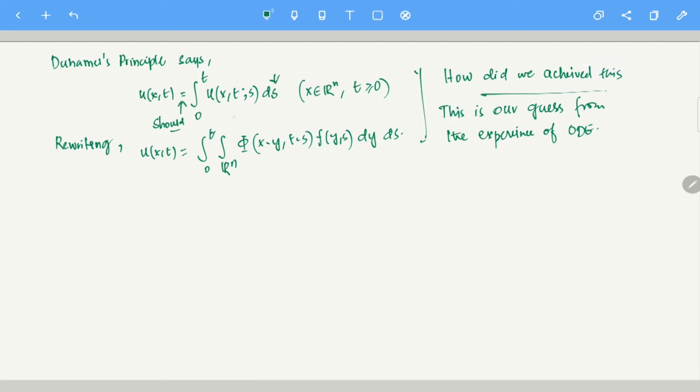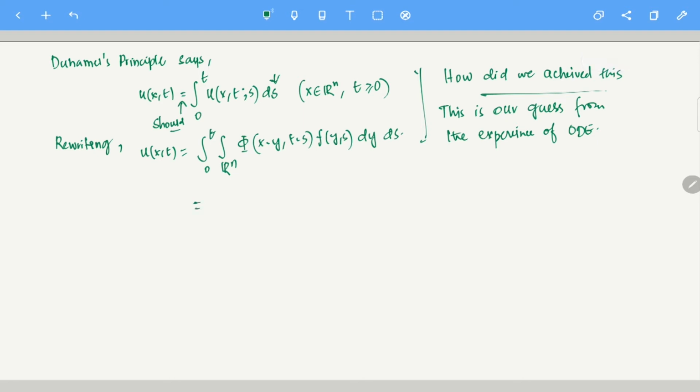What I am trying to say is, from our experience of ODEs, we know that if I want to really find u of x,t, it should look like that. So what we have to do is prove that our proposition is indeed true. Let me write it properly.